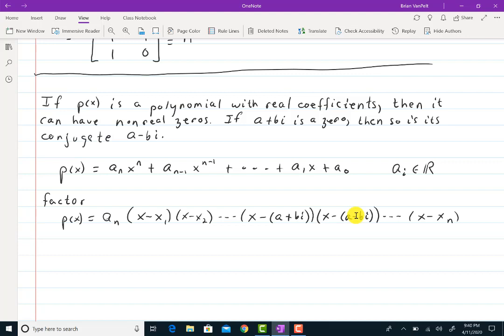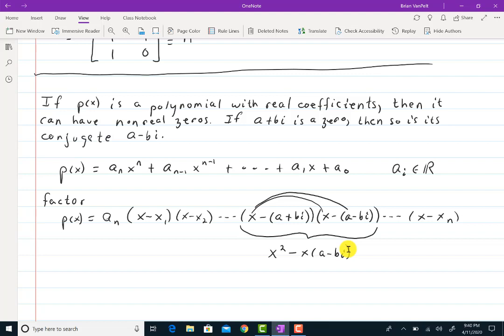Why do I say quadratic? Because look what happens here. If these are imaginary numbers, look what happens when I multiply this out. I'm going to use the FOIL method to multiply this piece out. So x times x will be x squared. Then I'm going to have minus x times a minus bi.